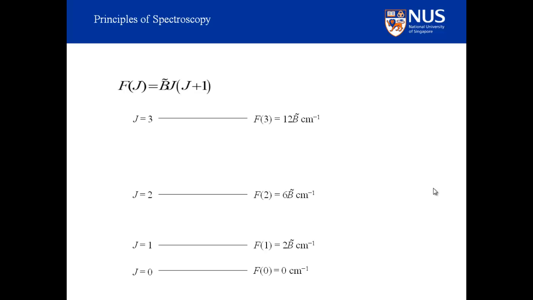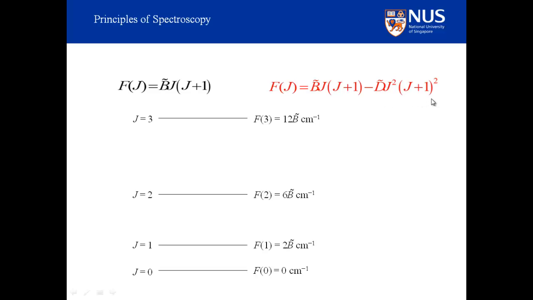The question I want to look at now is how the centrifugal distortion constant changes the appearance of my spectrum. This was the case for my rigid model, where my rotational energy term is B times J into J plus 1. I've got a new term now for my improved model, where I've got this additional parameter D, and it depends on my J like so.